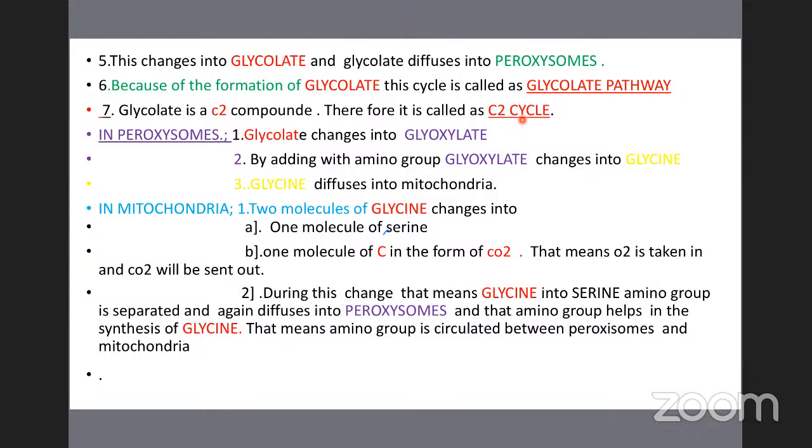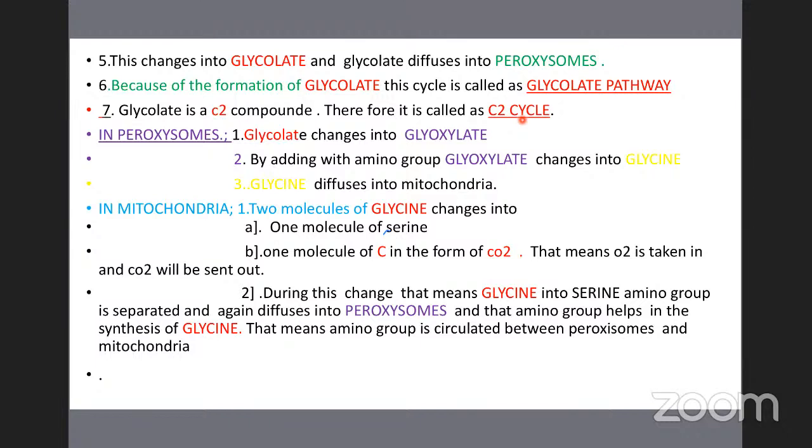The number of glycine molecules is 2, and out of these 2 molecules, they split into 2 different molecules. One molecule will be converted into serine, and in the other molecule the carbon comes out in the form of carbon dioxide. By this, we can say during photorespiration, oxygen is taken in and CO2 will be sent out.